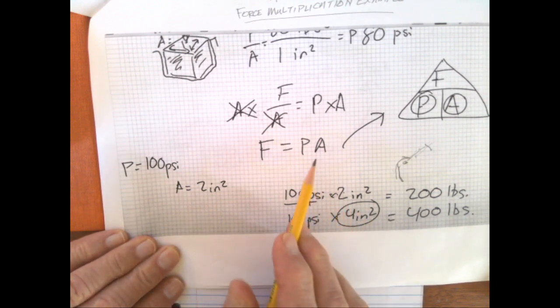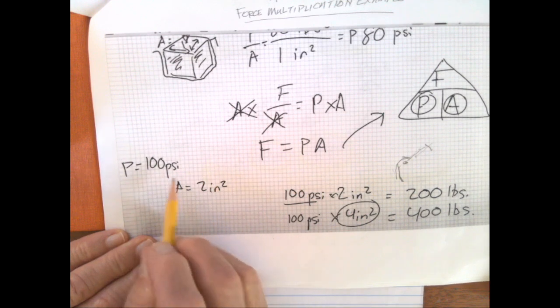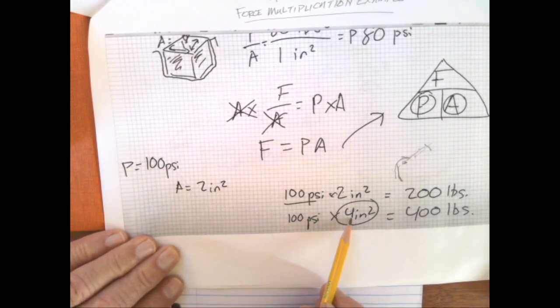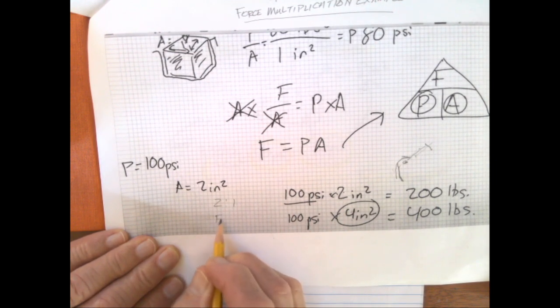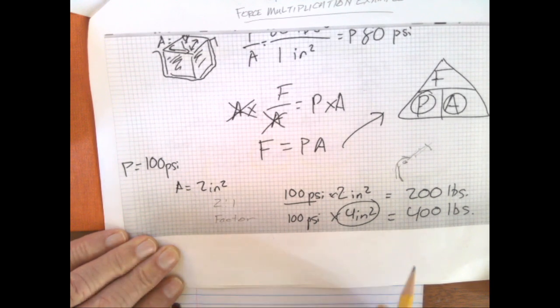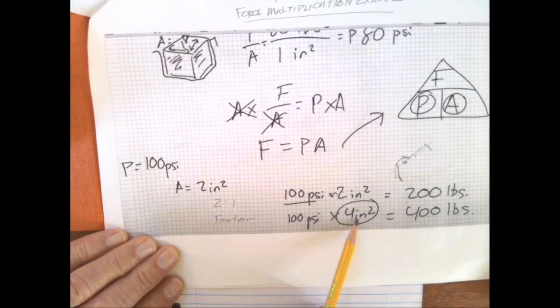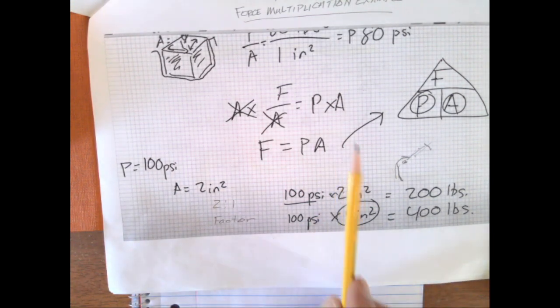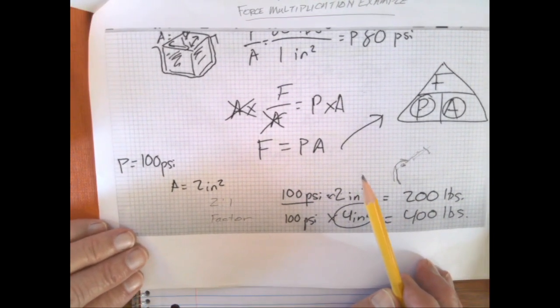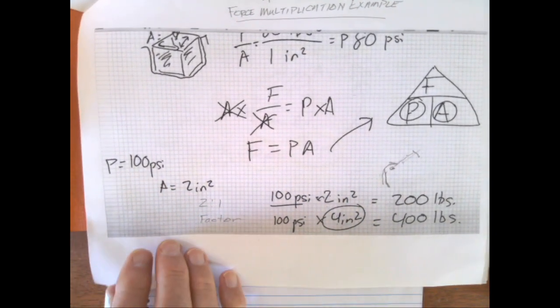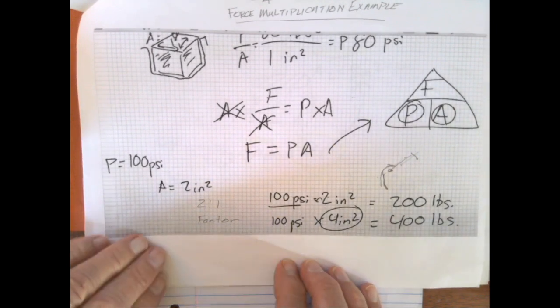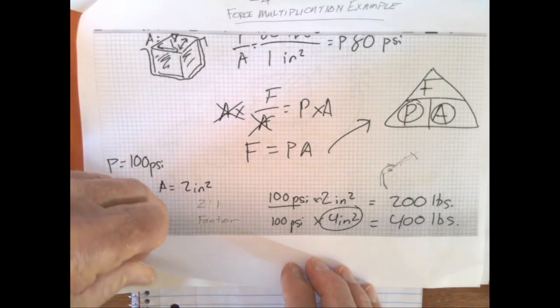It'll take a lot of calculations away. If you look at this, 4 divided by 2, you've got a 2 to 1 factor here. I believe I did that right. So you're lifting twice the amount with this increase, of course, as you double the size. Everything is relative. But that's what I wanted you to see as far as an illustration of force multiplication. Let's see, do I have anything else?